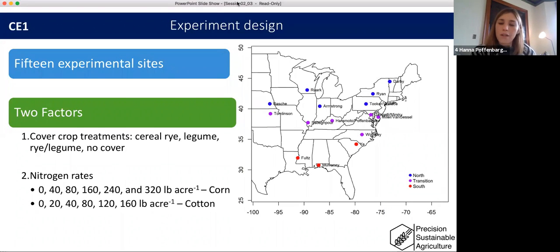Within each of those cover crop main plots, we have 6 subplots that represent a range of different nitrogen rates, spanning from insufficient all the way to excessive. Within that gradient of nitrogen rates, we'll measure the corn or cotton yield and figure out what nitrogen rate reached that plateau of yield, so the minimum nitrogen required to maximize yield.